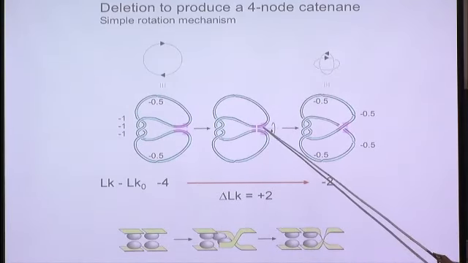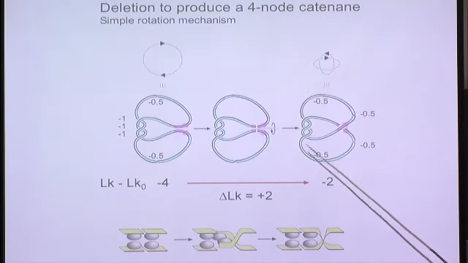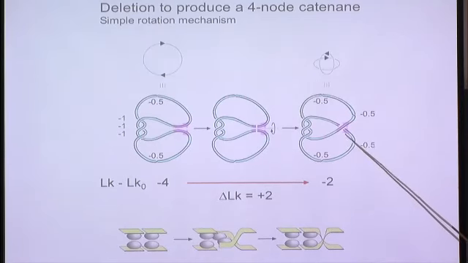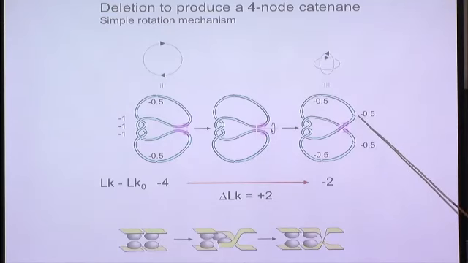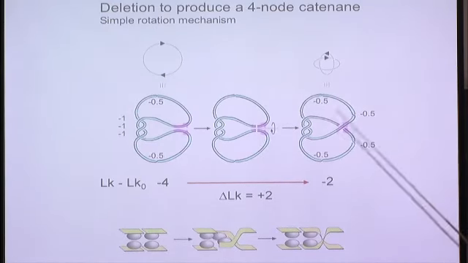And if we do this simple rotation mechanism, we end up making the four-noded catenane by introducing this cross here. So we end up going over, under 4 times, making the four-noded catenane. And we also introduced an extra negative half twist here and here by doing that rotation mechanism.